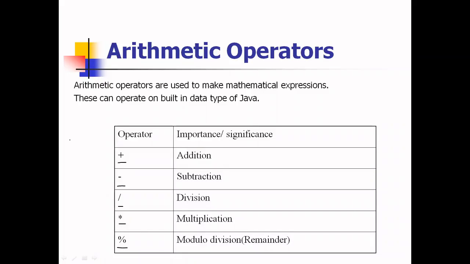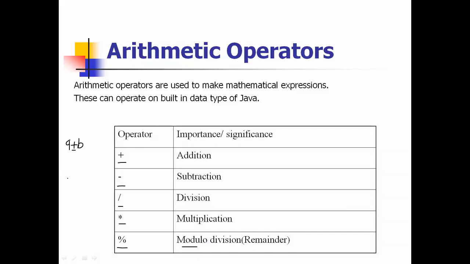Okay, example, like we can use it like A plus B. So arithmetic operator plus here is used for addition. Same way you can use it for subtraction, division, multiplication, and modulo division. Modulo division simply means it gives us the remainder.